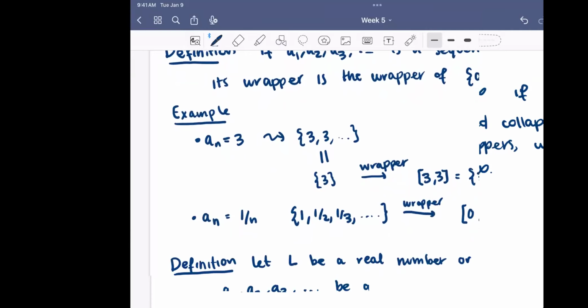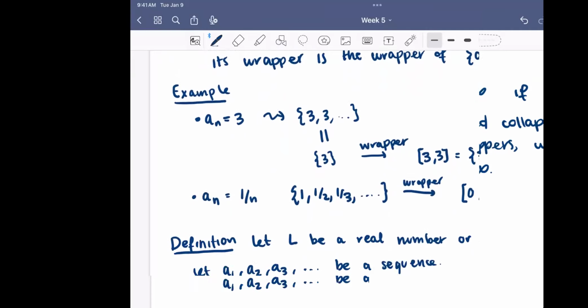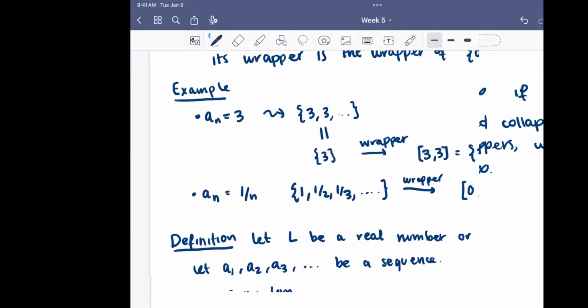Then we'll say that the limit as k approaches infinity of a sub k is equal to the value L if the wrappers of the tails form a collapsing collection for that value L.